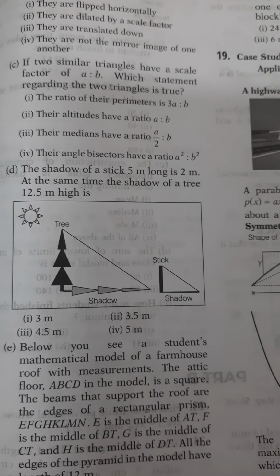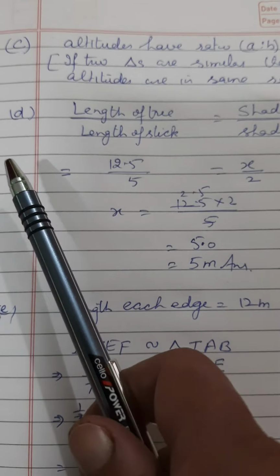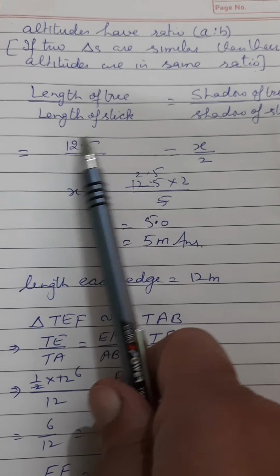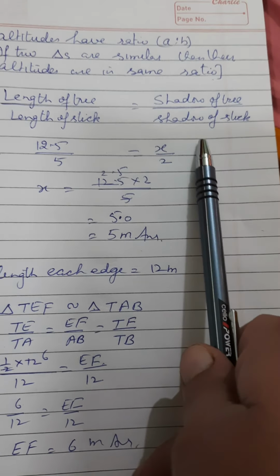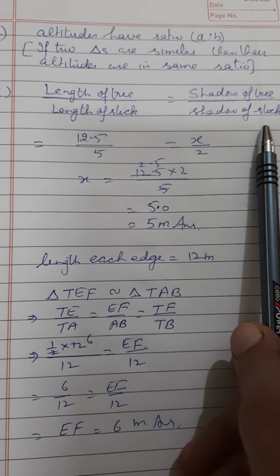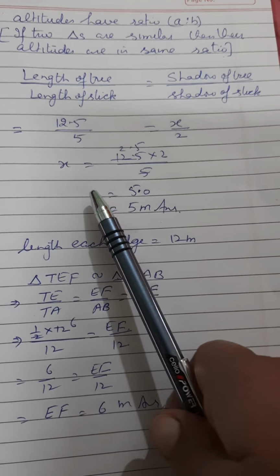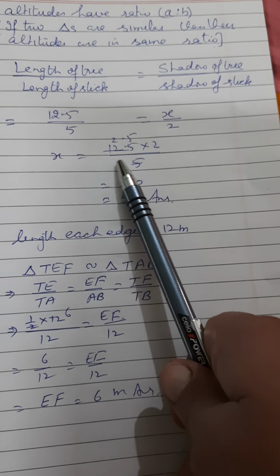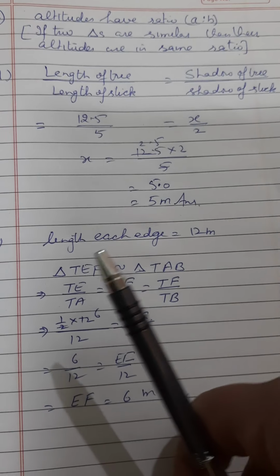Now see the answer of this D part. Length of tree upon length of stick is equal to shadow of tree upon shadow of stick. It means 12.5 by 5 is equal to x by 2. From here we get x is equal to 12.5 into 2 by 5, which means x becomes 5 meter.